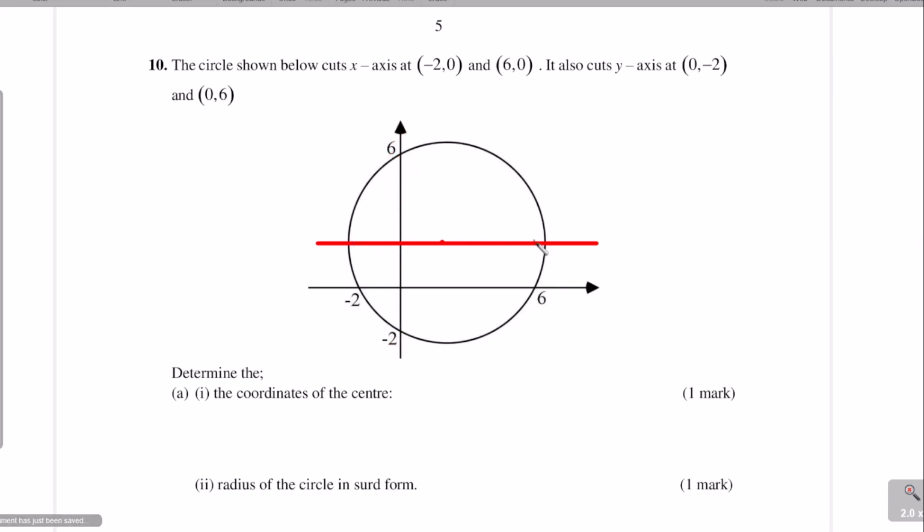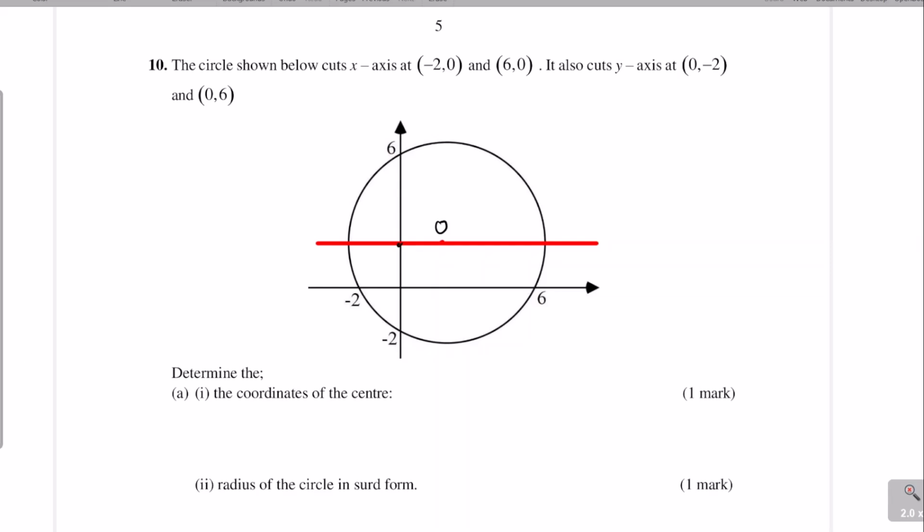So the perpendicular drawn from the center of the circle, and the center is here, bisects the chord. So this point will therefore be the midpoint of this particular chord.